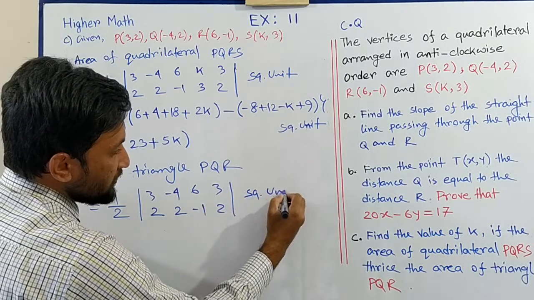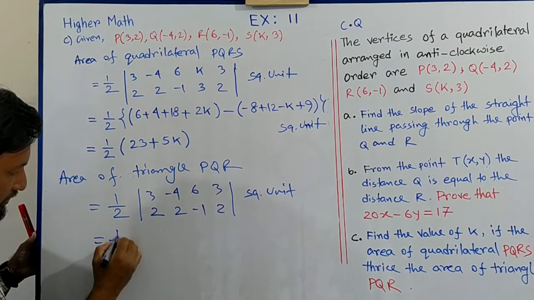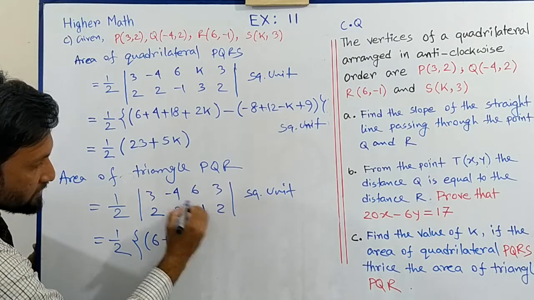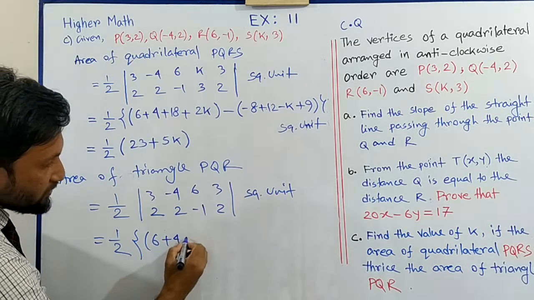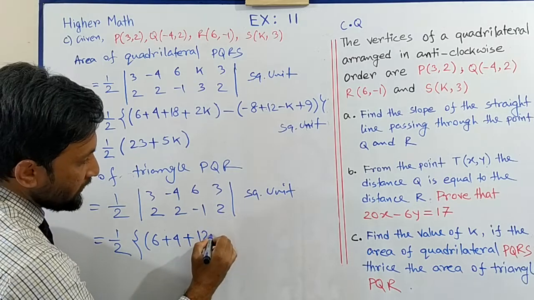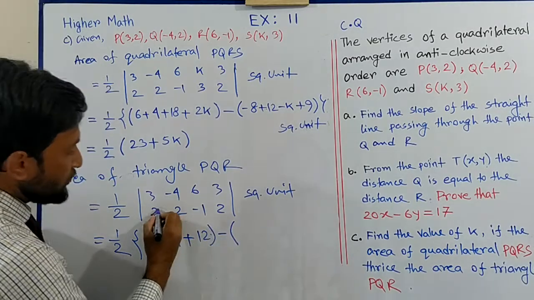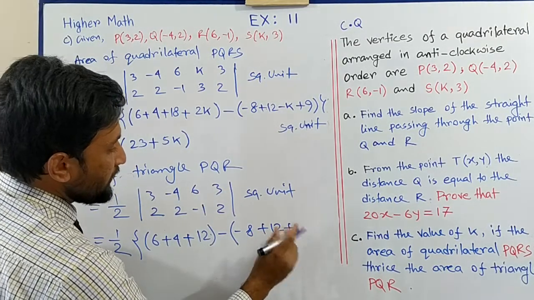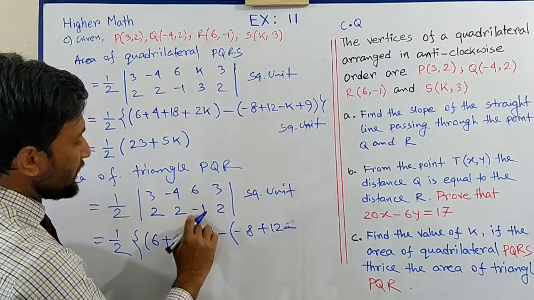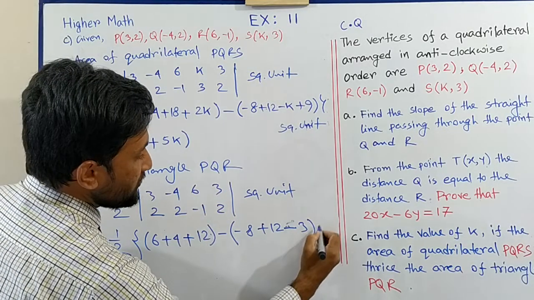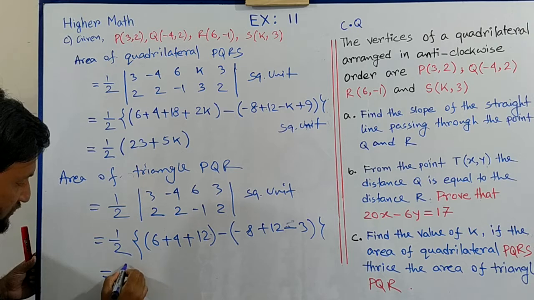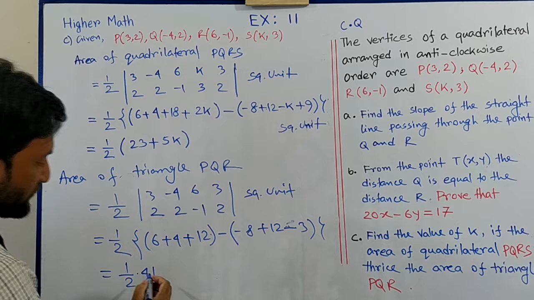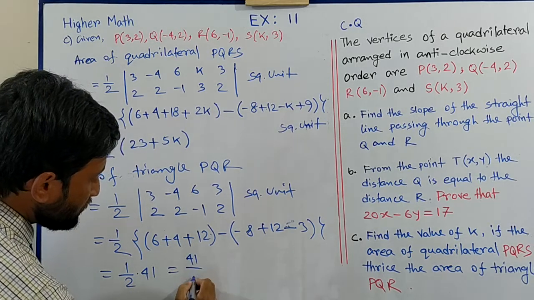Unit is square unit. Now by simple calculation, 3 into 2 means 6, plus 4 minus 4 into minus 1 means 4, and then plus 6 into 2 is 12, and then closing the first bracket, minus 2 into minus 4 is minus 8, 2 into 6 is 12, and then minus 1 into 3 means minus 3. So by simple calculation we get half of 41, that means 41 divided by 2.